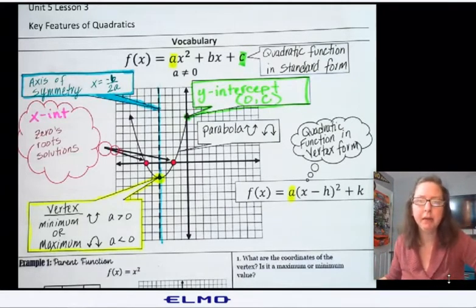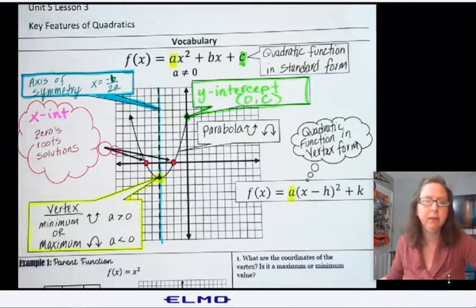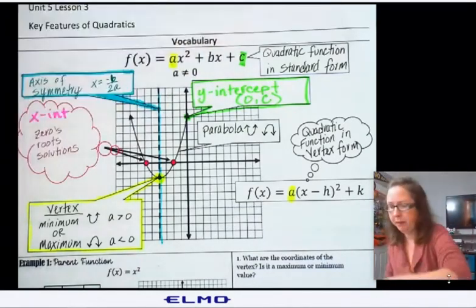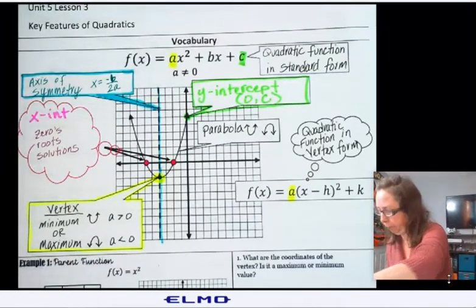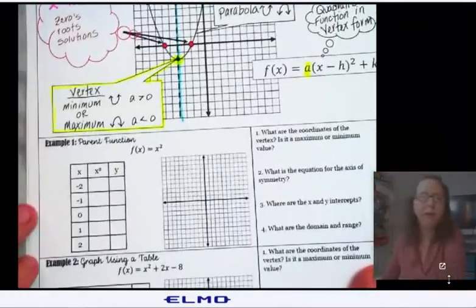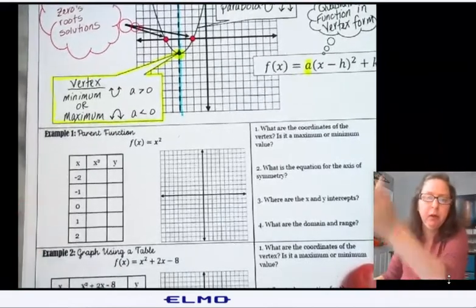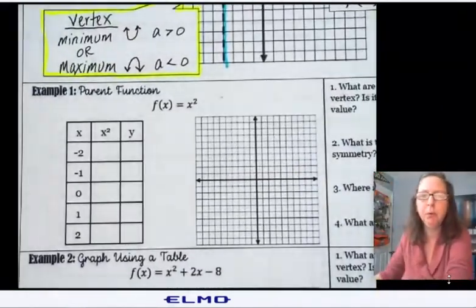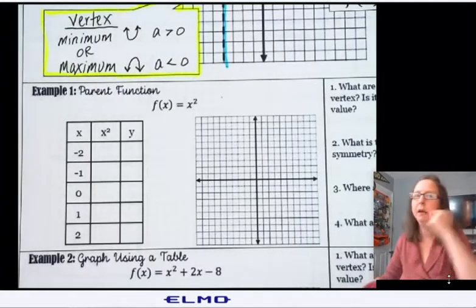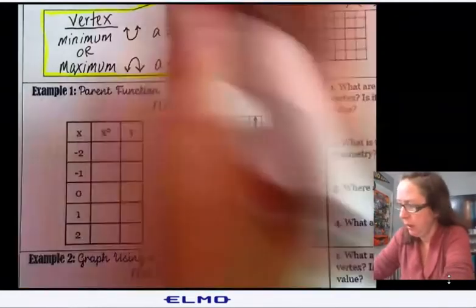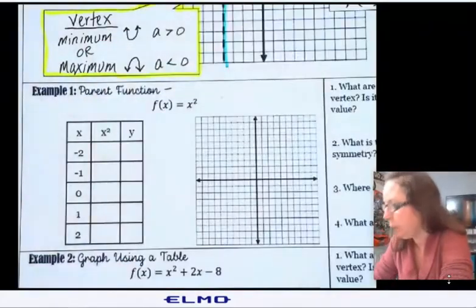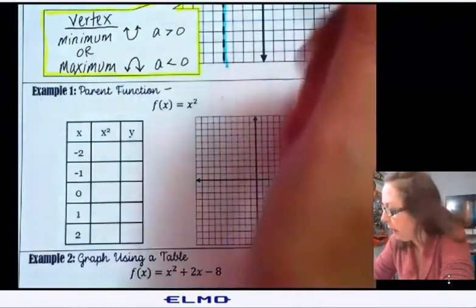Let's dive right into an example. Let me move these pens out of the way. Let's look at the parent function. A parent function is the most simple version of any kind of function, so the most simplified version of a quadratic.